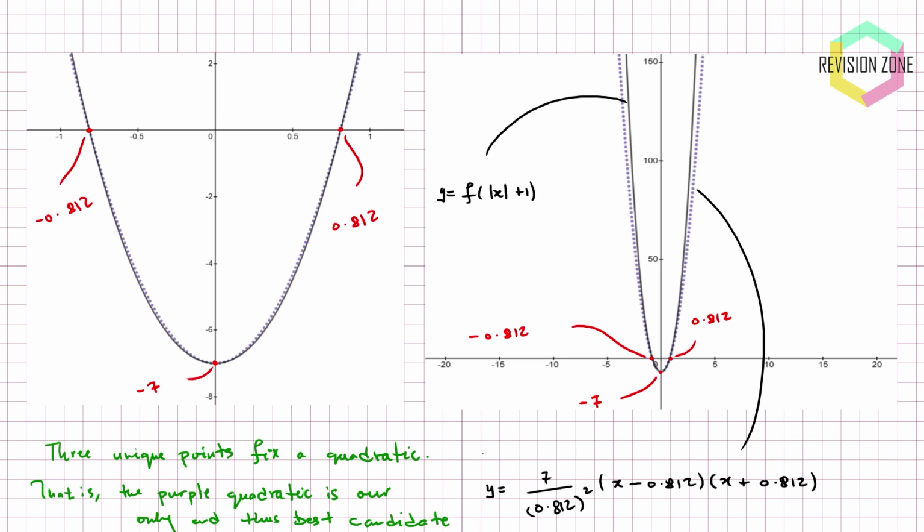And what we then see is that because the black curve also passes through those 3 points, the black curve cannot be a quadratic, right? And indeed, from that gap there, we see that the black curve is not the same as our quadratic, which basically means the function that we ended up with, the transformed thing we were looking for all along, even though it looks like a quadratic, actually isn't really a quadratic.